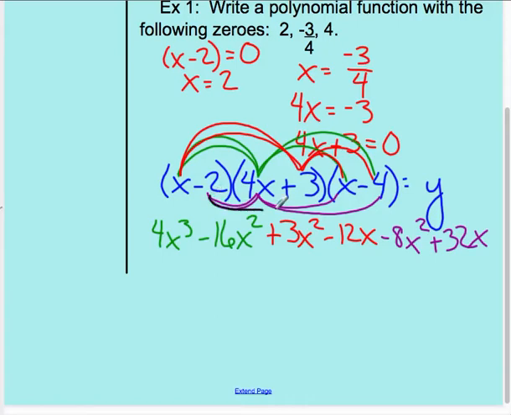So -2 times 3 is -6x. And -2 times 3 is -6 times -4 is +24. So again, if all of that was a bit much for you, just FOIL the first two and then distribute through to the third one and you'll end up with the same answer.